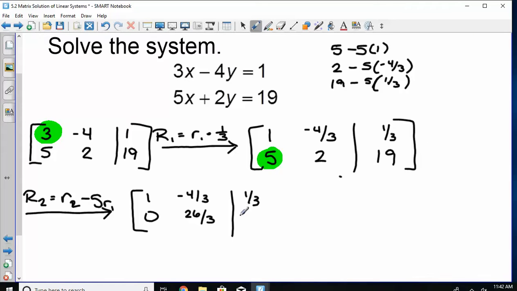And what do you get? 52 thirds. Okay. Looks a little ugly, but we can handle this.